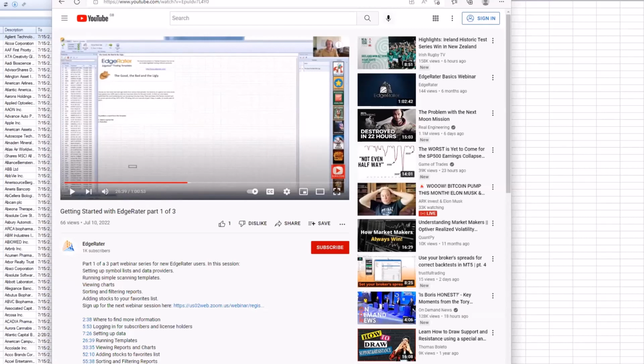If you want to get it before then, you can check the EdgeRater YouTube page. But it's likely to take a good few hours after we finish today, because I have to download it, do a bunch of editing, zoom into different areas of the screen, and make sure it's a good recording. So it can be a bit delayed.